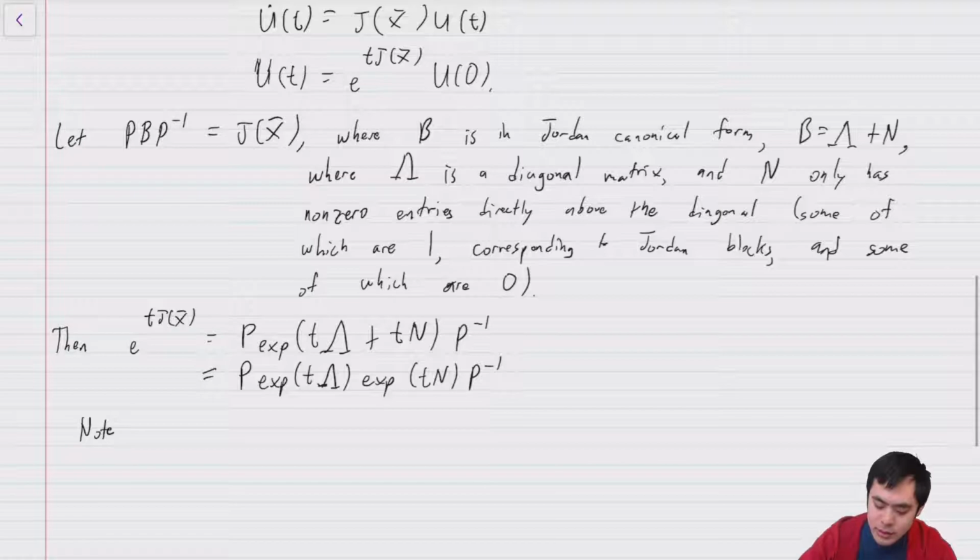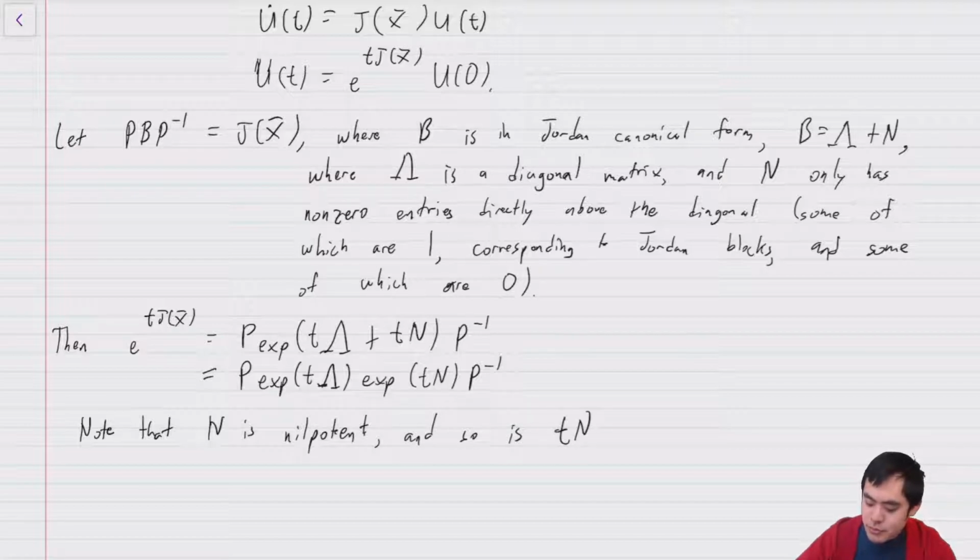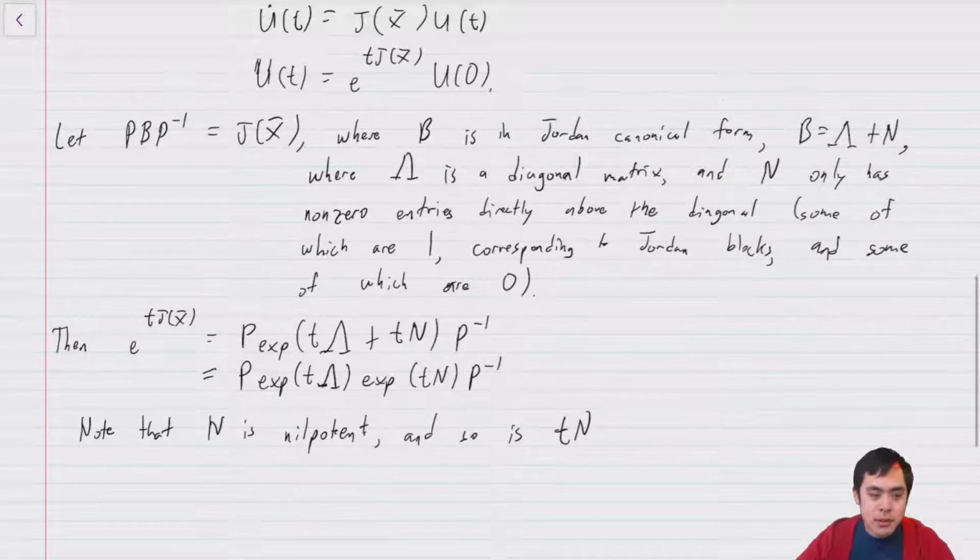And note that N is nilpotent, and so is tN, because it's easy enough to show that if some power of N is equal to 0, then some power of tN is also equal to 0, because tN to a power is just t to that power times N to that power.